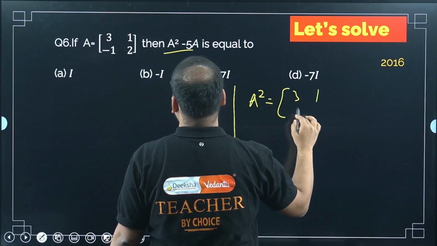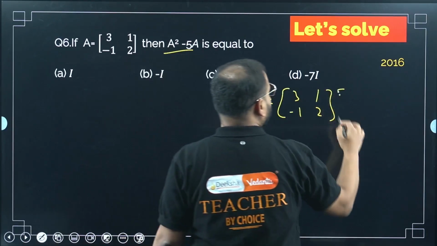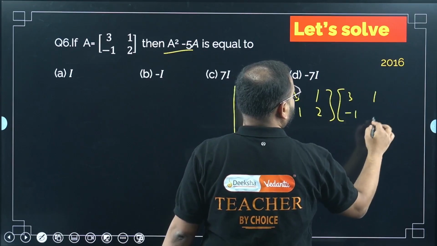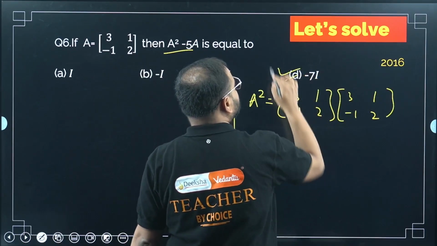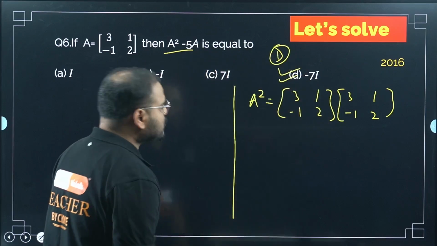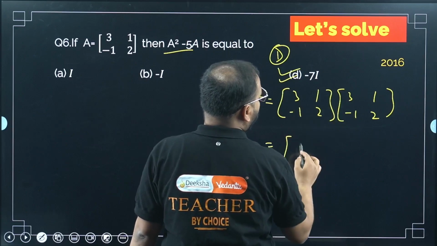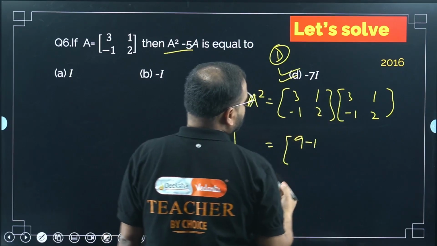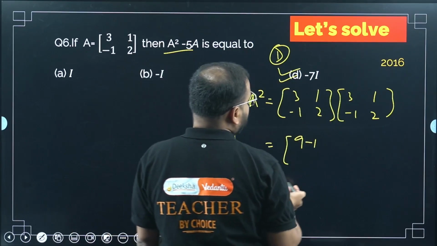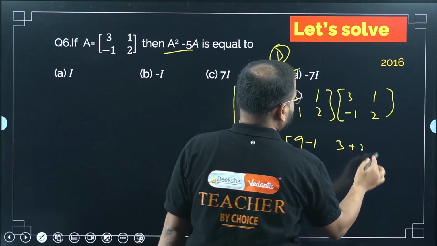So 3, 1, minus 1, 2 times 3, 1, minus 1, 2. You can do this multiplication. I hope all of you got this answer. I'll show some steps anyway. I get 9 minus 1, and this will be 3 plus 2.